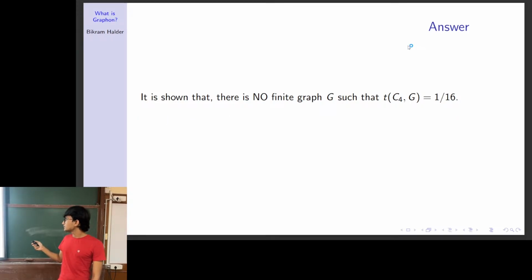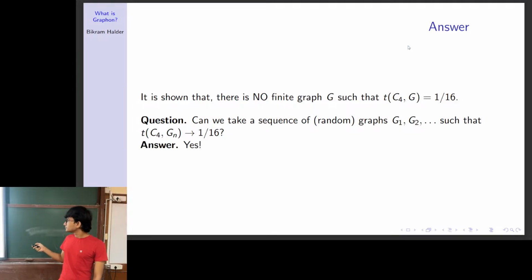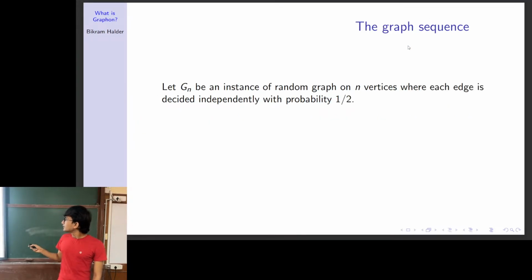But as we saw in our minimization problem in polynomials, we approximated the number square root 2 by some rationals. So is it possible to approximate such a thing with a sequence of graphs? Answer is yes. Say we take a sequence of random graphs on n vertices with edge probability half.